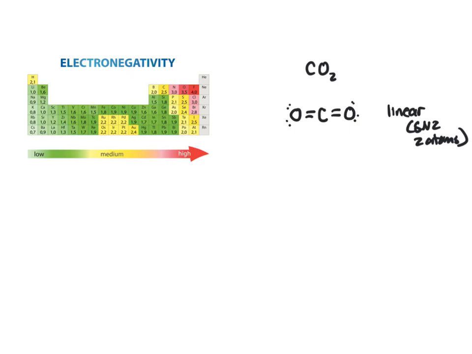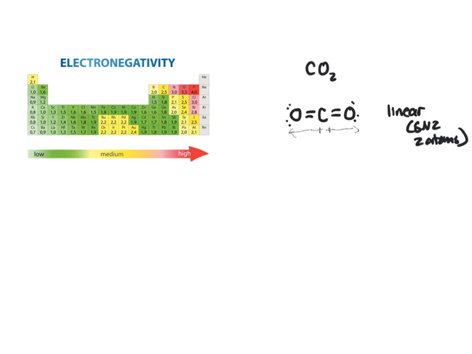So I know that it's linear, and so the dipole moments for each of the bonds are going to be 180 degrees from each other because the bonds are in a linear arrangement. If I look at the colors for carbon and oxygen, I can see that they're different, and so I would expect there to be a dipole moment for each of these carbon-oxygen bonds. If I draw those dipole moments in, the oxygen's more electronegative than the carbon, and so I'm going to have dipole moments that look like this.